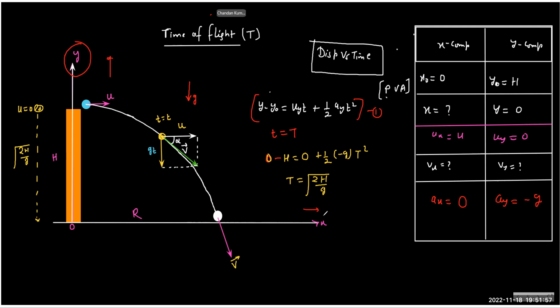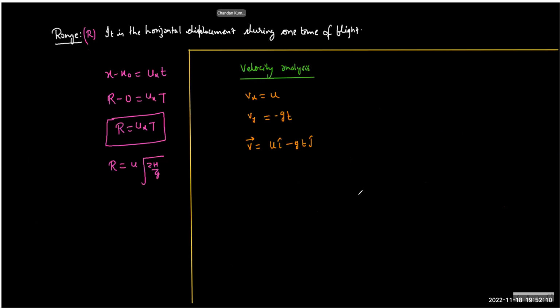I'm taking alpha below the horizontal. So we know this is the perpendicular of length gt and the other is the base of length u. So how to get alpha here? Let me redraw this.